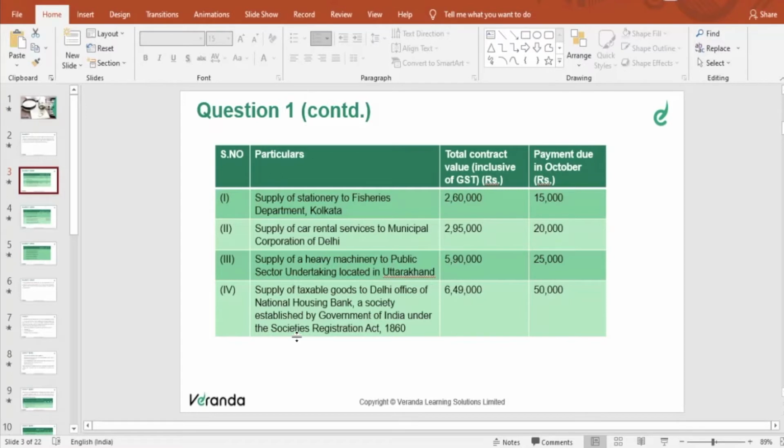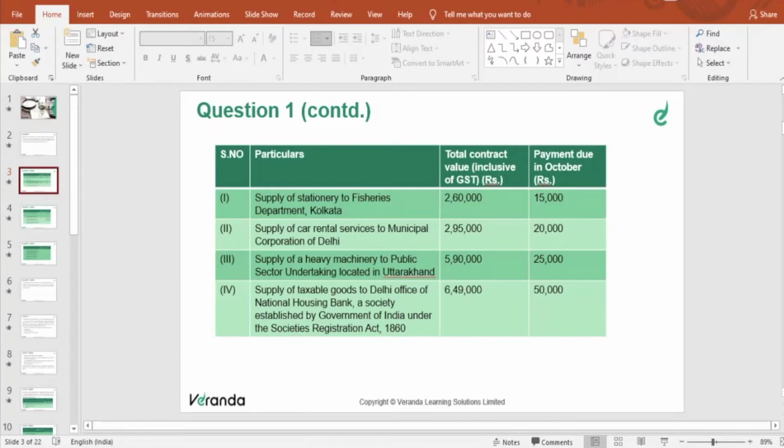Now, help me out. Here the contract value is coming as rupees 5 lakhs, so TDS will be applicable. Since this is Uttarakhand and it is an interstate supply, because our company is in Delhi, IGST will be applicable here.